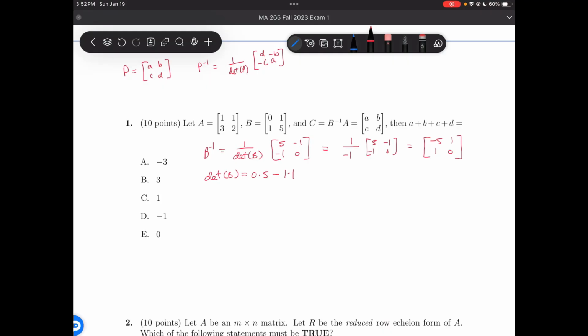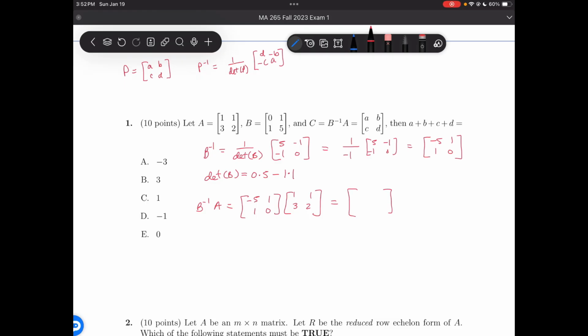So now the next step is we have to multiply the inverse of B times A. We calculated the inverse of B to be negative 5, 1, 1, 0. A is equal to 1, 1, 3, 2.